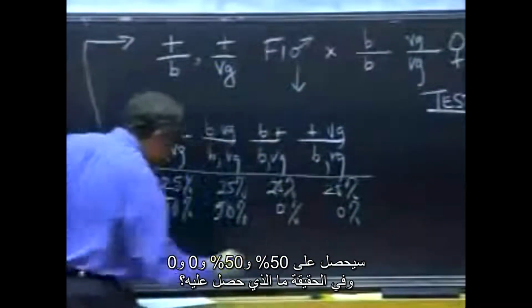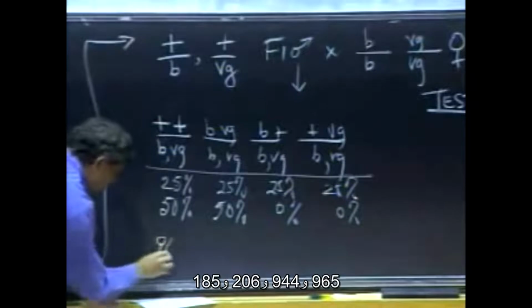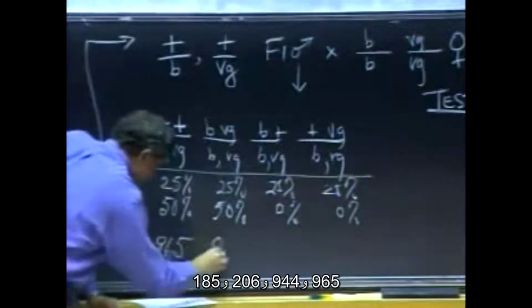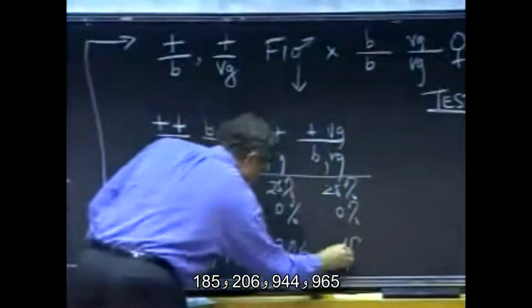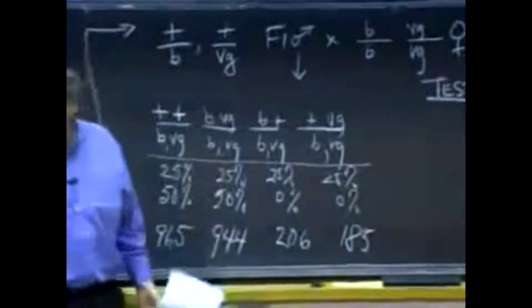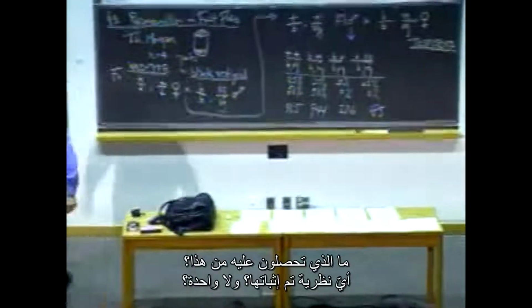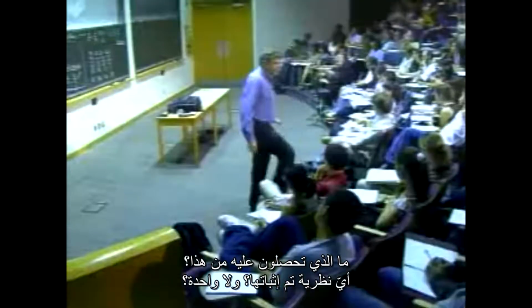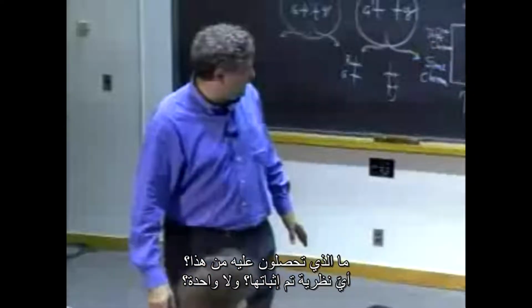And in fact, what did he get? 965, 944, 206, and 185. What do you make of it? Which theory is confirmed? Neither?